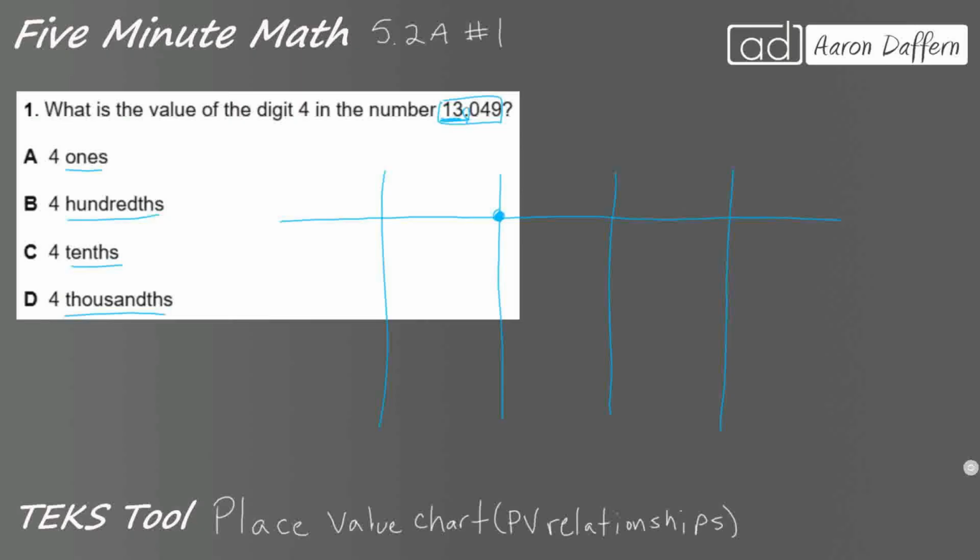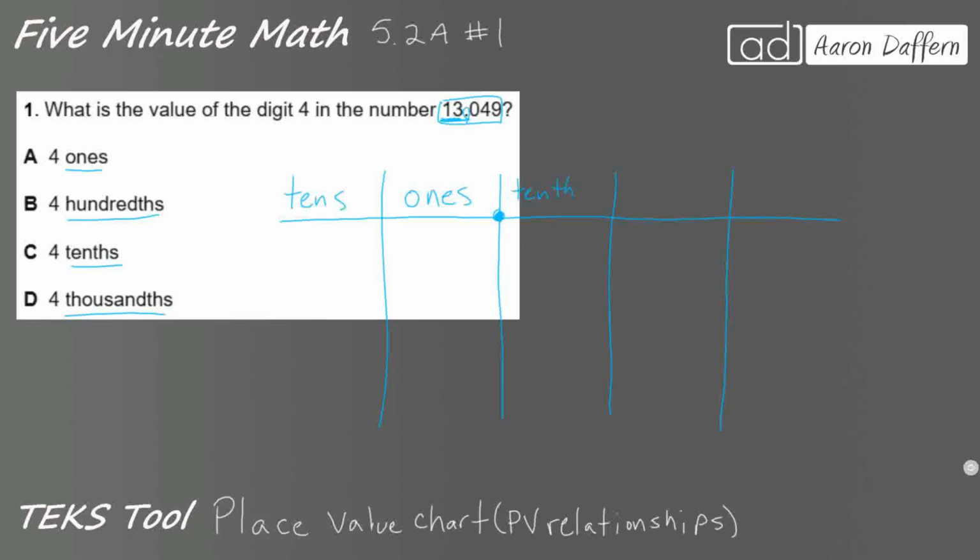This first place to the left of the decimal is going to be the ones place, so rather than the digit 1, let's write out ones. To the left of that, we've got the tens place. Now we can build out our decimals to the right: tenths, hundredths, thousandths. Make sure we've got the TH's.